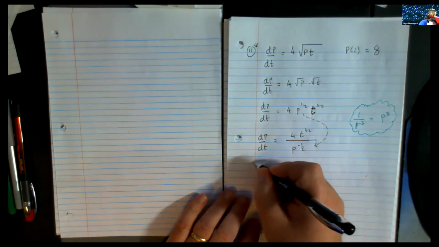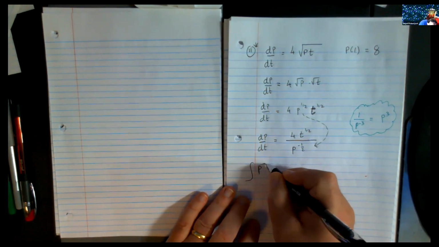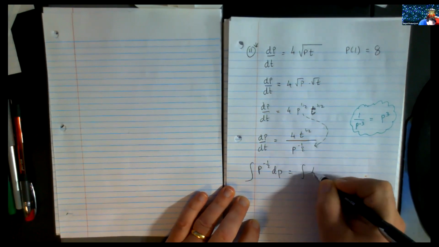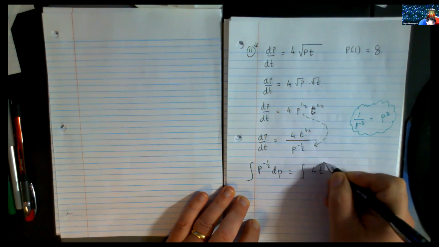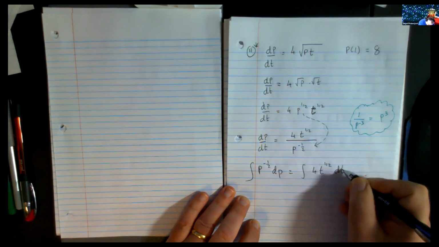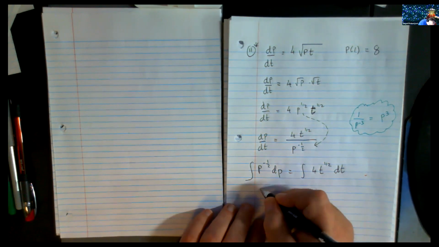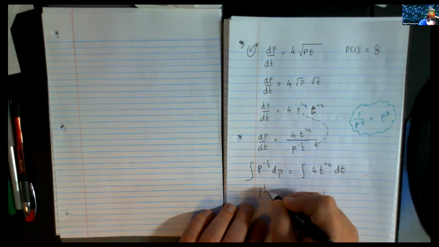Now, this is ready to go. And because I turned them into fractional powers, isn't that going to make the process of finding the integrals a little bit easier? So add 1 to the power and divide by the new power.